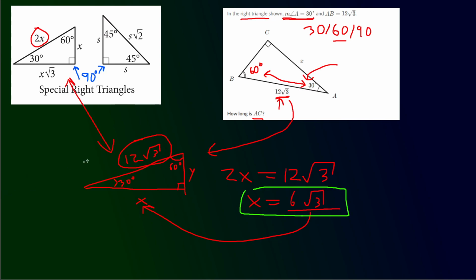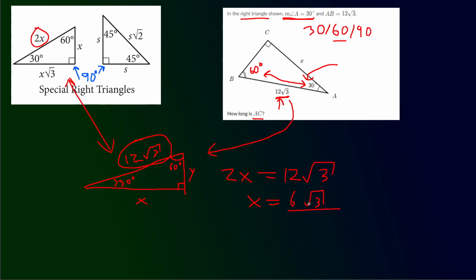Now, what if they had asked us not about this side, but this side? I'll do it in a different color. This side. We called this side y. Oh, wait, careful. I made a mistake. Does anyone see it?